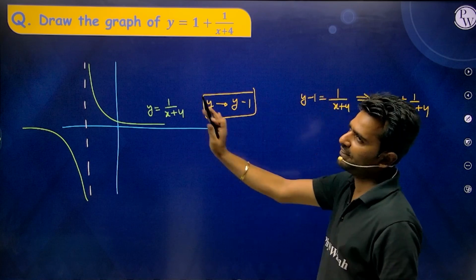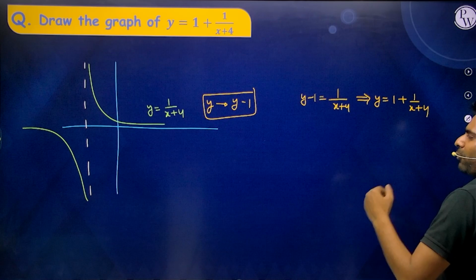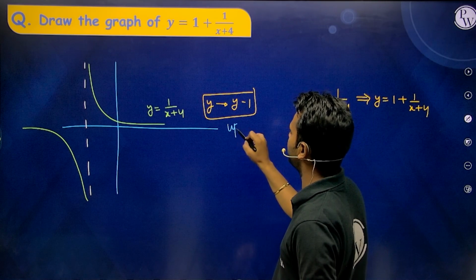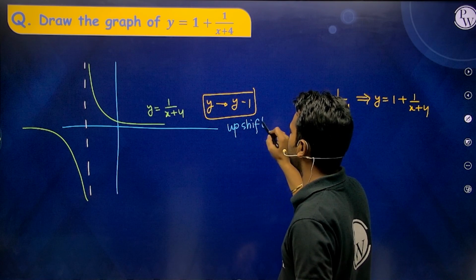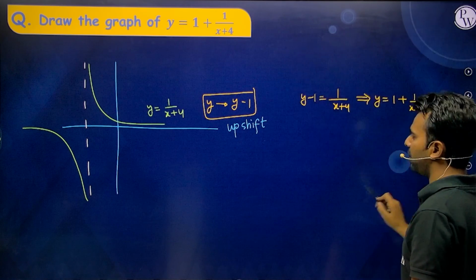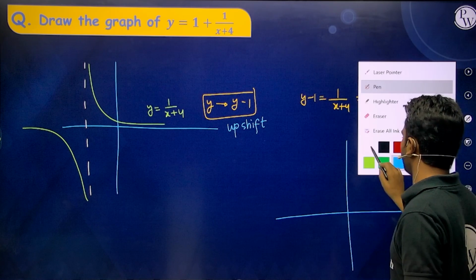So in this graph, what do we have to do? Vertical shifting only, up or down. But what we have to do is up shift. Yes or no? Up shift we have to do. Why up shift? Let's take each and every value above. If you take each and every value above, the graph will be looking something like this. Let me show you.